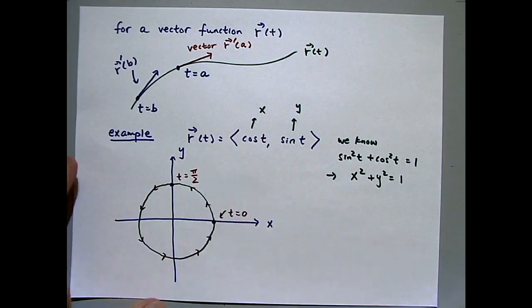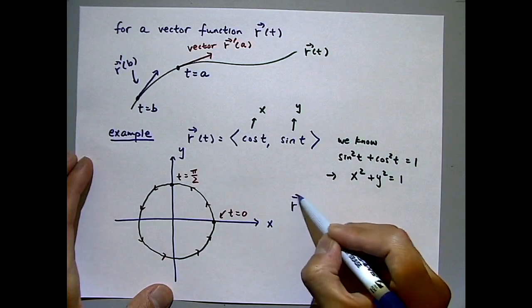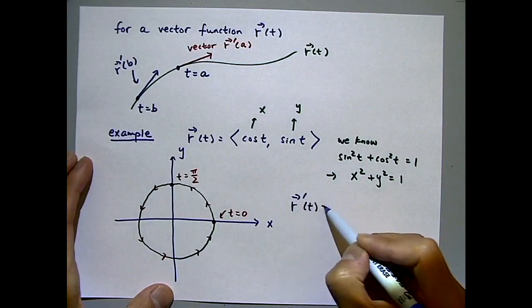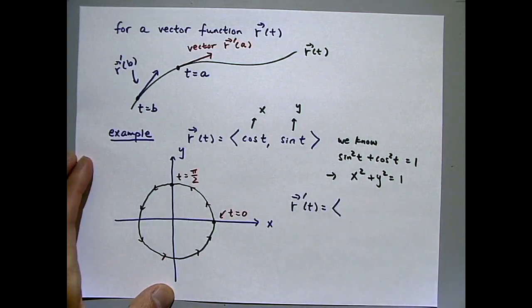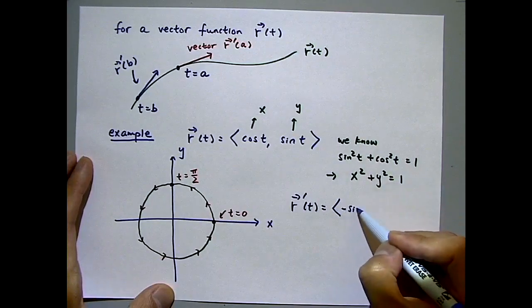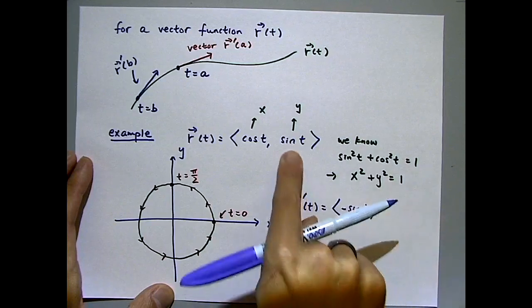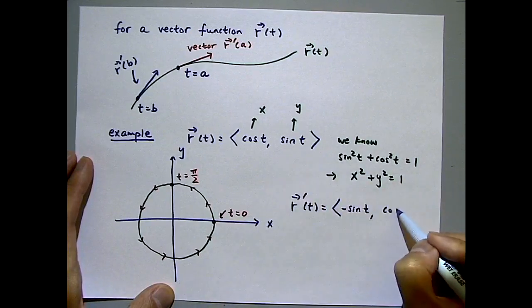Let's take the derivative of this. r prime of t is a vector. Derivative of cosine is negative sine, and derivative of sine is positive cosine.